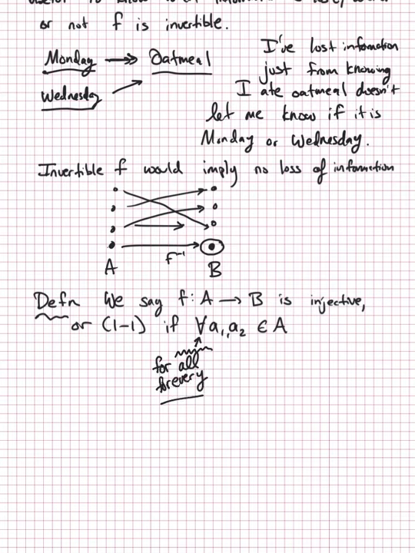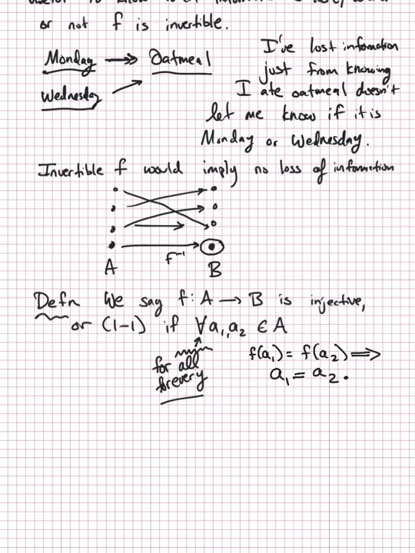Okay, so it's an upside down A. The condition is if f of A1 is equal to f of A2, this implies that A1 is equal to A2.